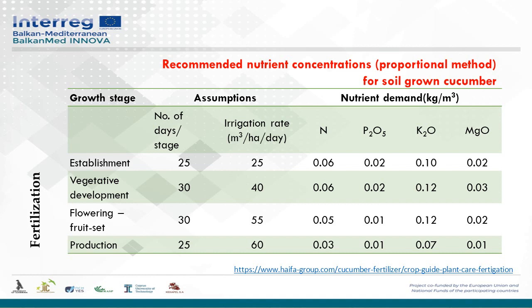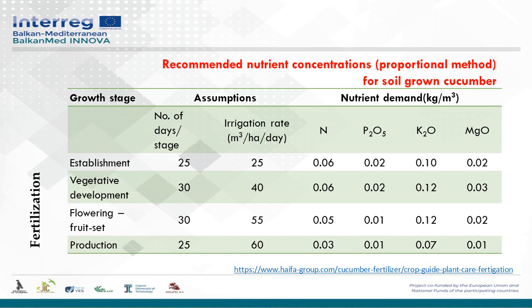And it is obvious that by increasing the volume of irrigation water from 25 to 40 and then to 60, even by maintaining the same concentration of these main nutrient elements, you are providing a higher amount of nutrients, simply because you are providing more nutrient solution to the plants.